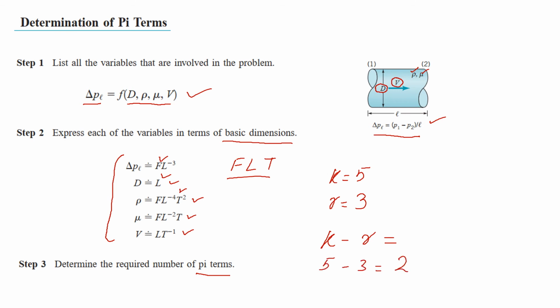So we require 2 pi terms to combine these variables in dimensionless form. So this was our step 3, in which we used the Buckingham Pi theorem to identify the required number of pi terms. So now let's move on to step 4.